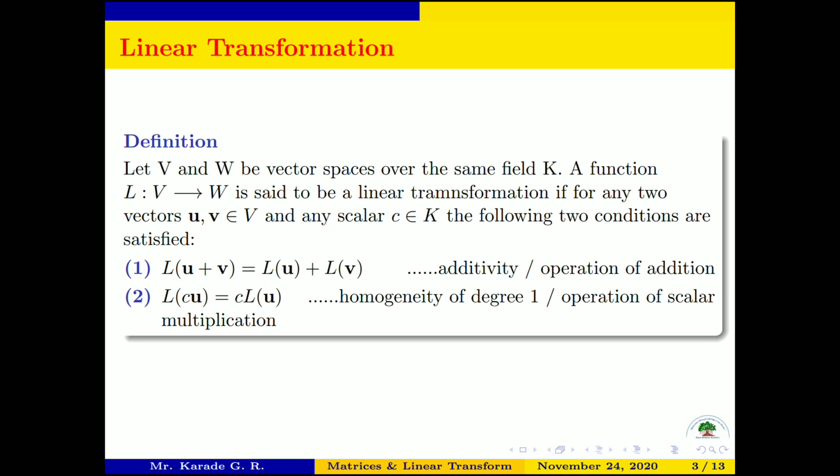And second condition is L of cu is equal to c times L of u, so homogeneity of degree 1, or it is called operation of scalar multiplication. If our function L satisfies these two conditions, then we say that function L is a linear transformation.